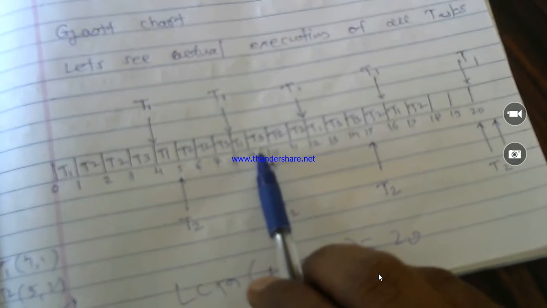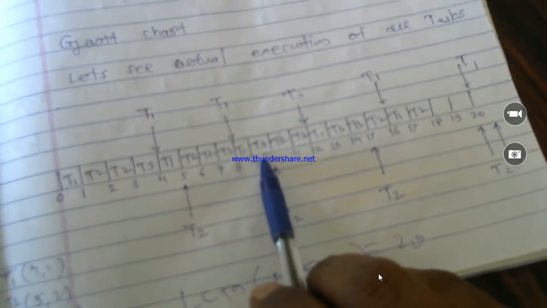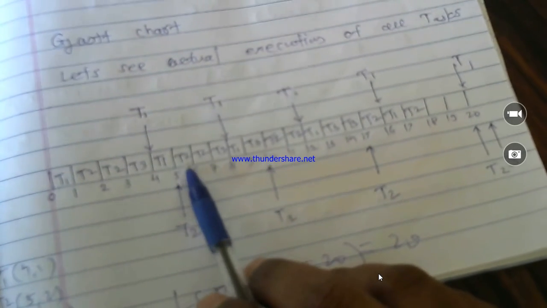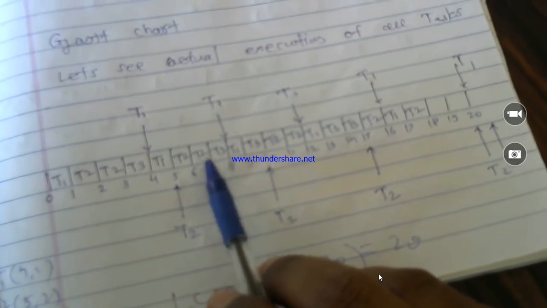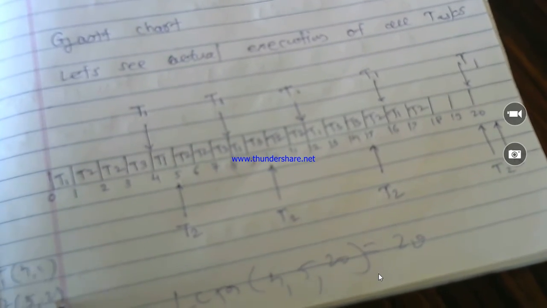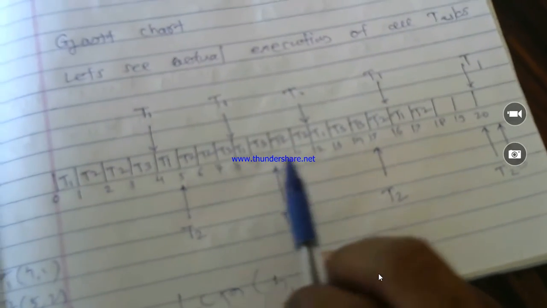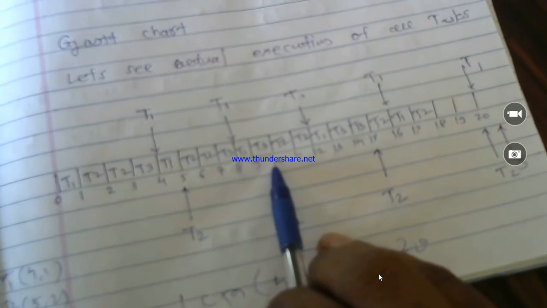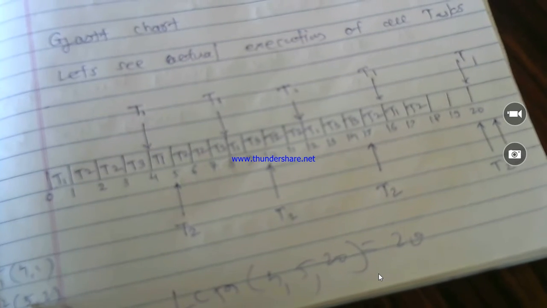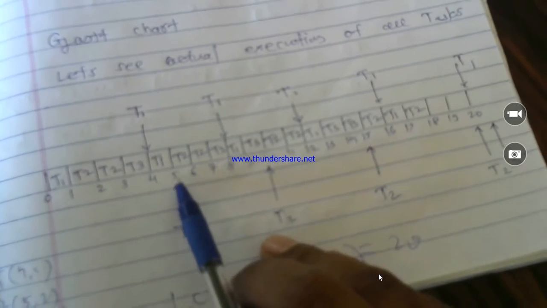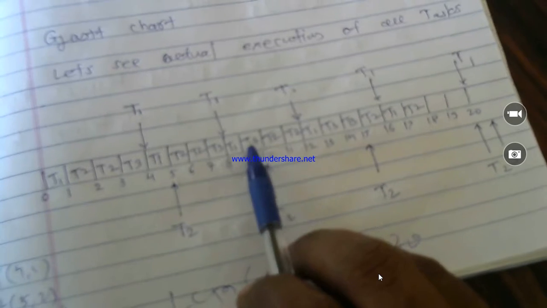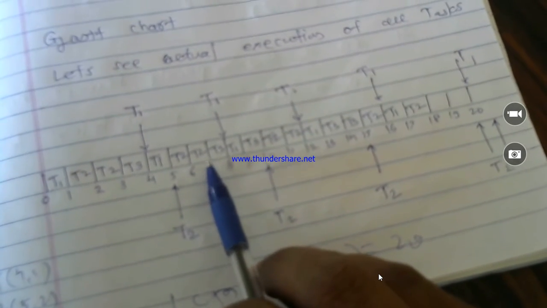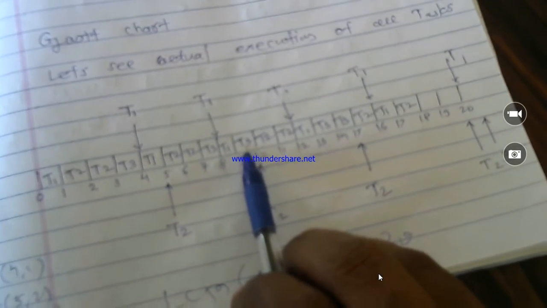After that, can I write T2 over here? I cannot write T2 over here, because I have written T2 2 times and the total execution time is 2, which is satisfied over here, and between 5 to 10, as the fixed interval time is 5, I cannot allocate the resources to T2 a second time, so I have written T3.